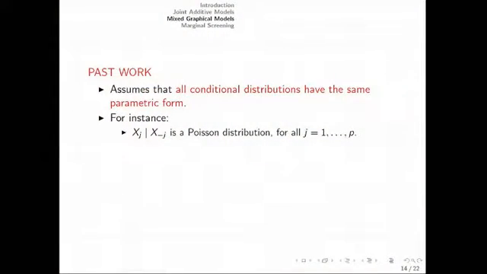And so we would end up with a graph that looks like this, where there are just 3 different types of nodes, and we want to understand what the edges are. We want to know what's conditionally dependent on what, but it's not going to be satisfactory to fit a model where our loss function is somehow assuming the same distributional form for every node. And so even though there's a lot of work on loss functions for graphical models, most of this past work assumes that all conditional distributions are of the same form.